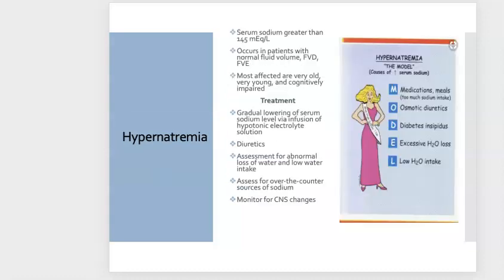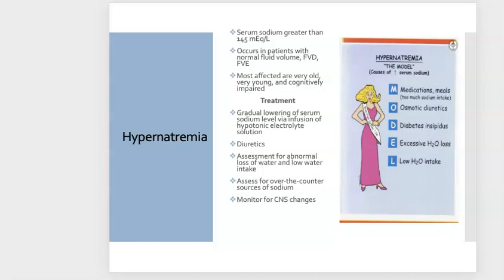Okay, hypernatremia. So this is when sodium is greater than 145 milliequivalents per liter. This can occur in patients with a normal fluid volume, deficit, or excess. It affects mostly the very old, the very young, or the cognitively impaired.